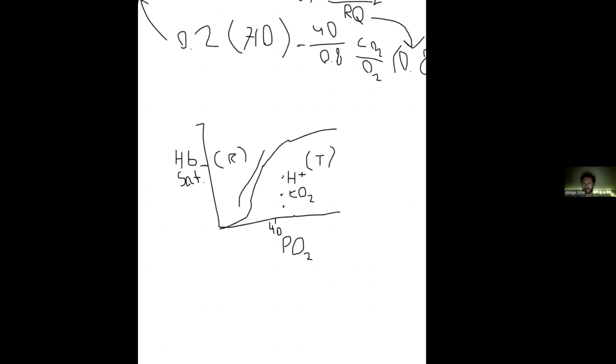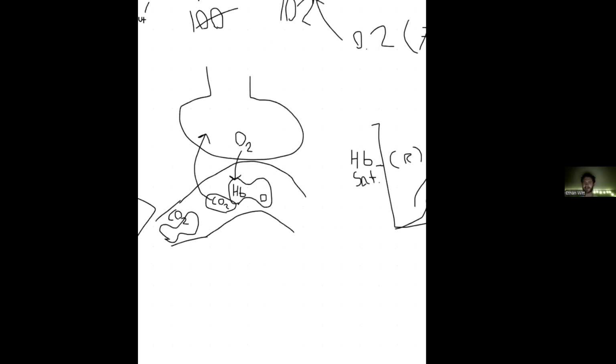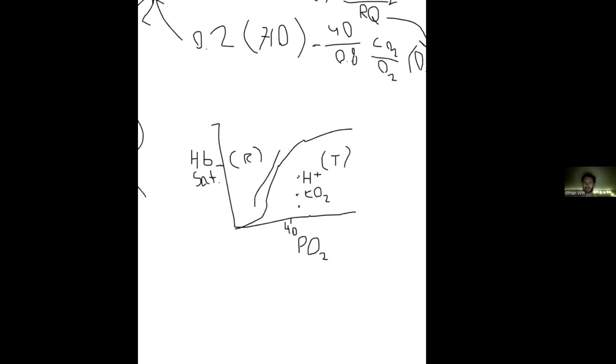It causes proteins to denature, it causes organic substances to decompose, and it also causes hemoglobin to undergo conformational change to go into this taut or this tense state. And then there was also one more. Yeah, it was 2,3 bisphosphoglycerate.